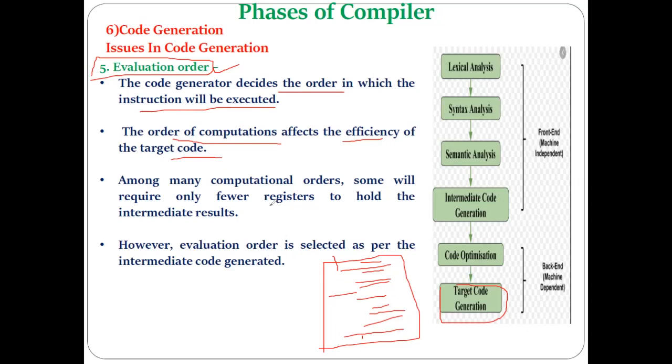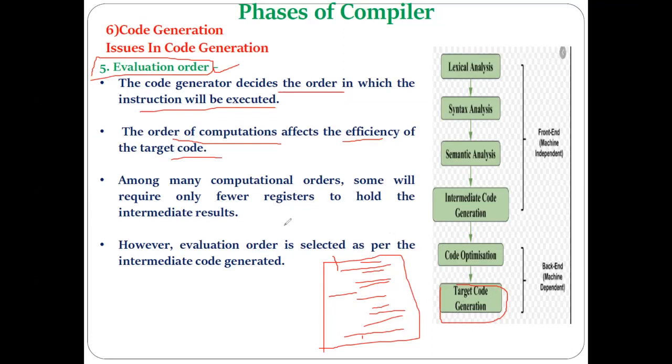So this issue has to be handled by the last phase of the compiler, the target code generation phase, which has to decide in which order the instructions should be executed so that the program executes faster.